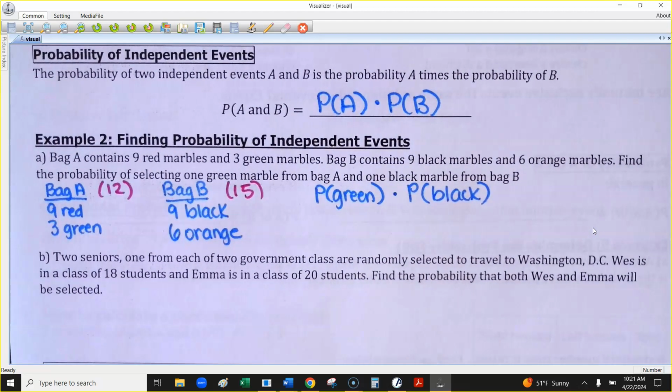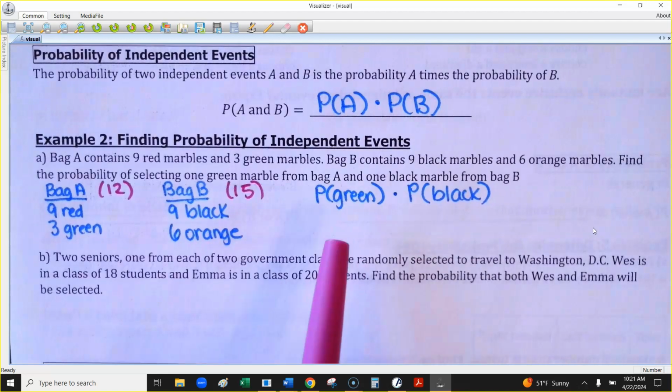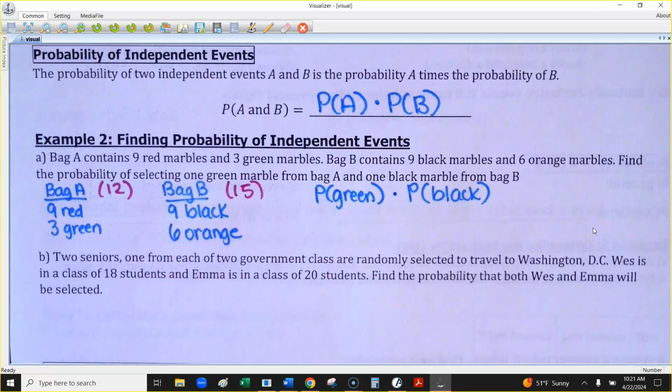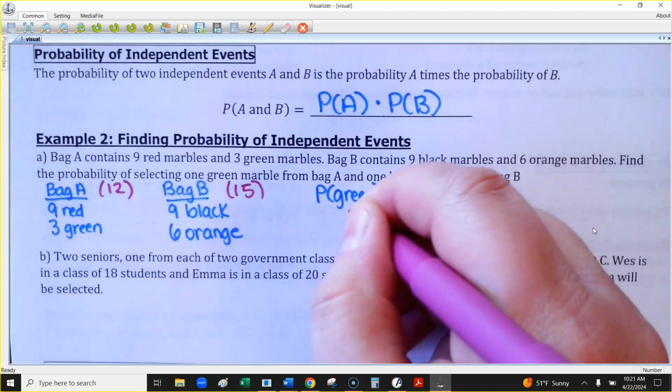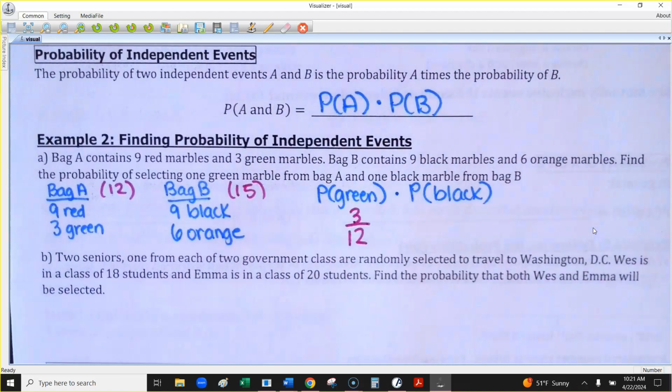So what is the probability I would draw, and you don't have to reduce the fraction or anything, what's the probability I would draw a green one out of the first bag? 3/12, yes. You don't have to reduce it. There's 3 green marbles, there's 12 marbles in the bag. You don't have to reduce it. Okay, what is the probability I would grab a black marble out of the second bag?